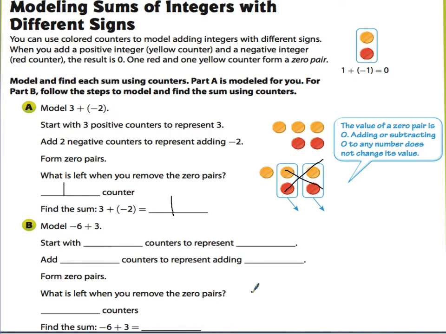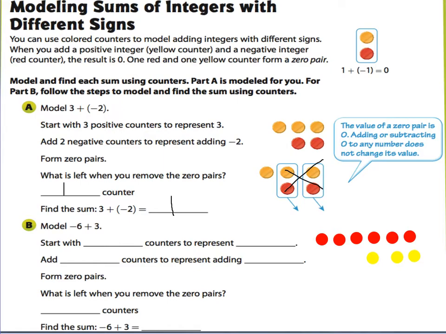So now let's look at that when we're talking about negative 6 plus a positive 3. I'm going to use different colored pencils here, and I would suggest that you do the same. I have negative 6, so 1, 2, 3, 4, 5, 6. And then plus a positive 3, 1, 2, 3.